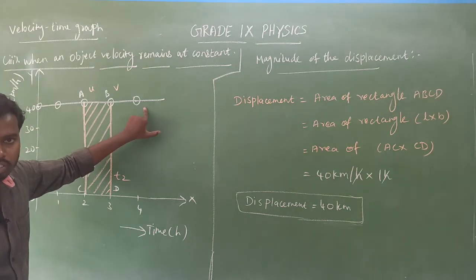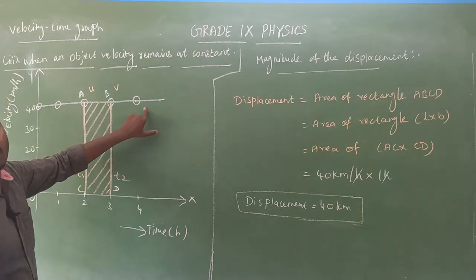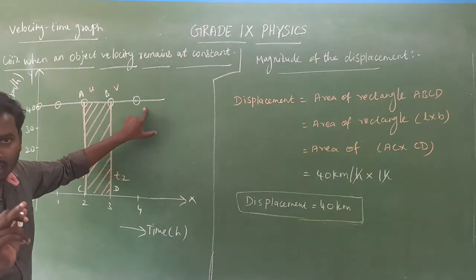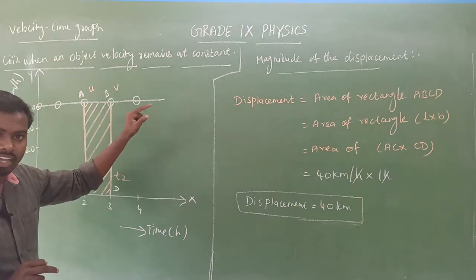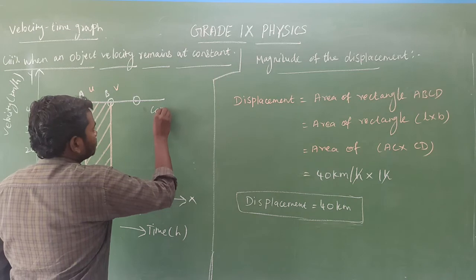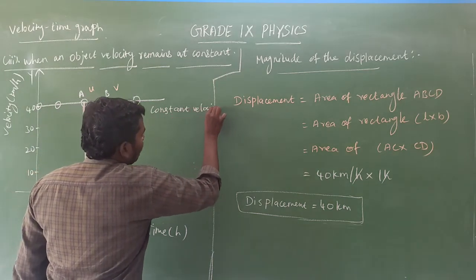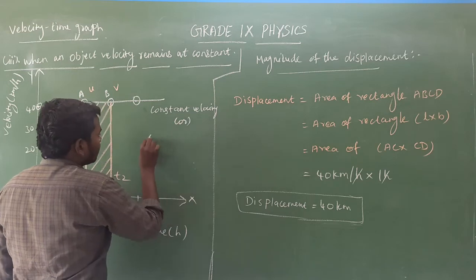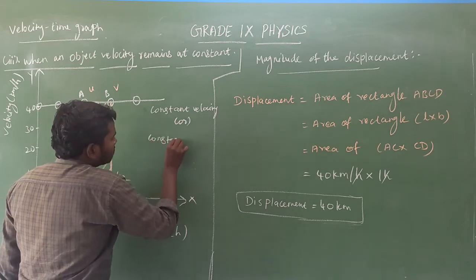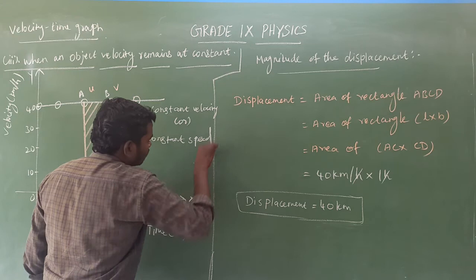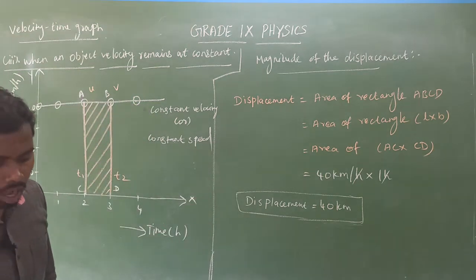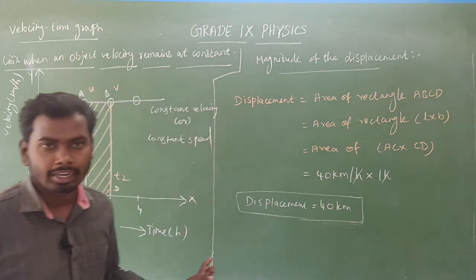That motion is constant speed or constant velocity. Is it clear? Yes. That motion is said to be constant velocity, or otherwise constant speed. That's all. Isn't it? Yes.